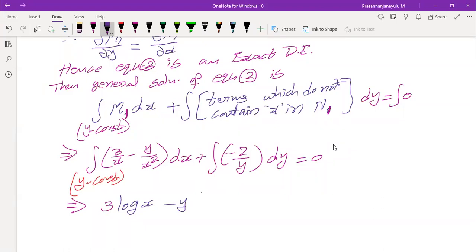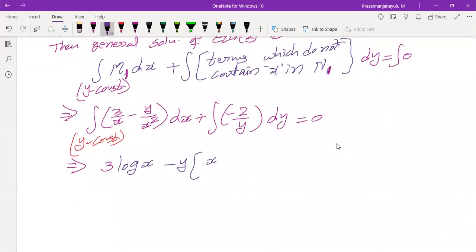What is the integration of 1 by x square? Take it as x power minus 2 in the numerator. The integration of x power minus 2 is x power minus 2 plus 1 by minus 2 plus 1. I am expanding directly using the formula. Then minus 2 times the integration of 1 by y into dy is log y.